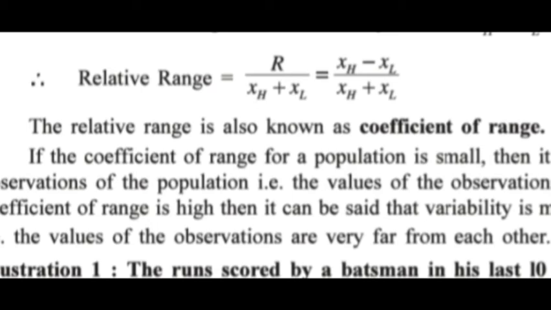Depending upon what is given to you in your sum, you are going to use these values. So that is what relative range or coefficient of range is. And you will find that the coefficient of range is a relative measure.